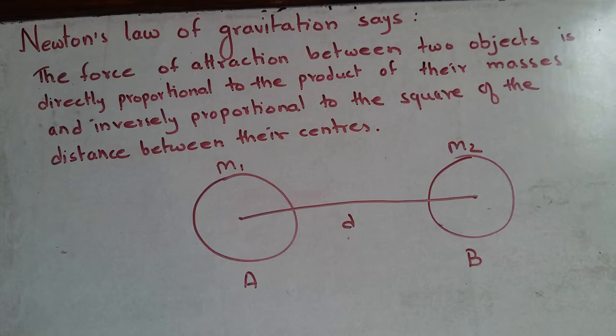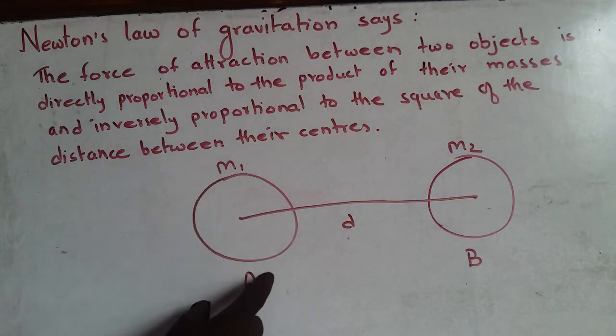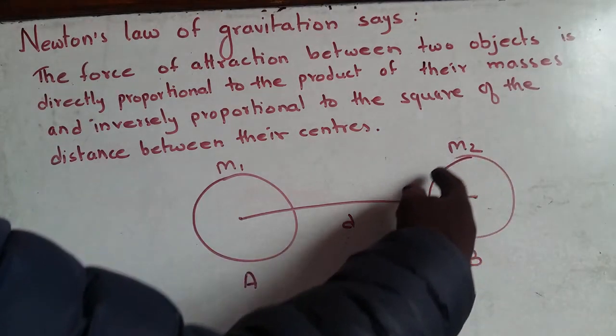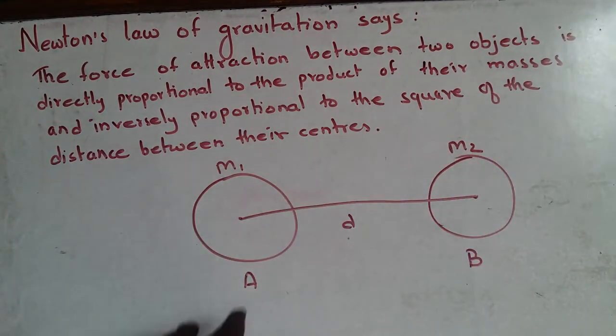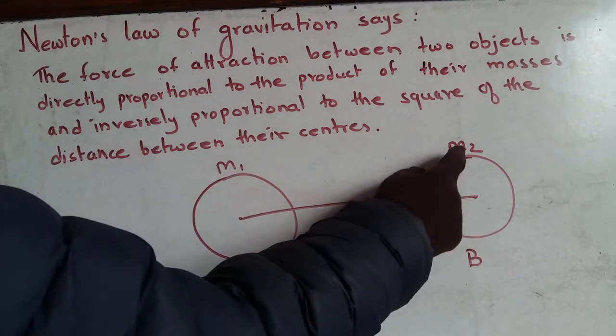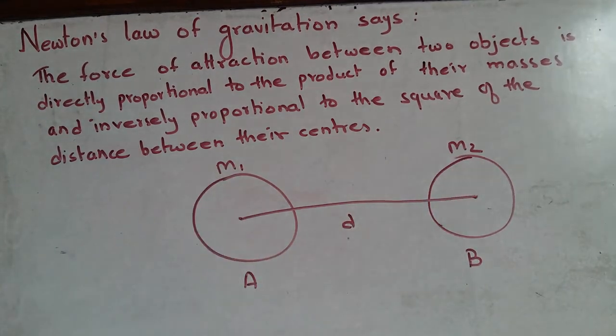So we have two objects here, object A and object B, and the mass of object A is m1 and the mass of B is m2. m1 could be anything. It could be 10 kg, 20 kg, 30 kg, 1000 kg, or 1 gram, 2 gram, 3 gram, whatever. m2 is also a mass, so it could be 10, 20, 30, 40 kg.